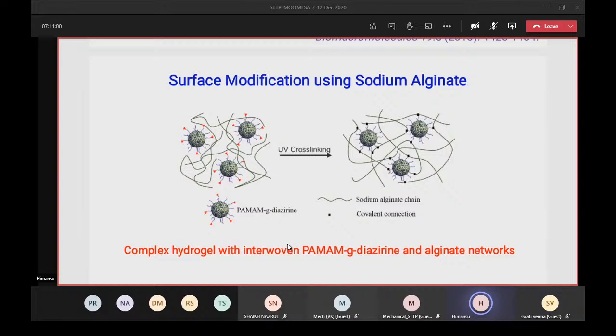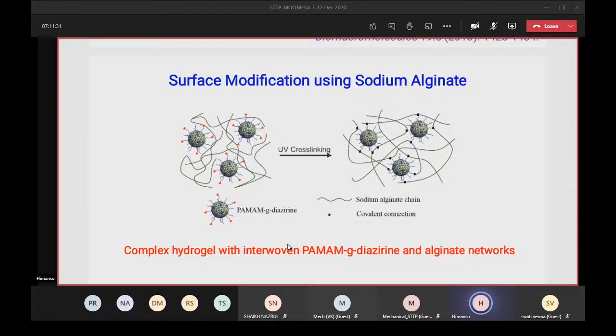Sodium alginate is a very long chain, interwoven polymer network, so it will shield the positive charges and could also create a neutral bioadhesive for us. Neutral is good. We always say amine groups are bad for us, so we always try to avoid amine over the surface. So these are three possible ways.